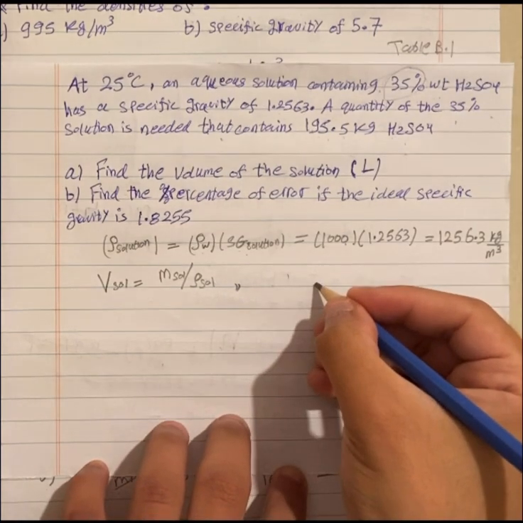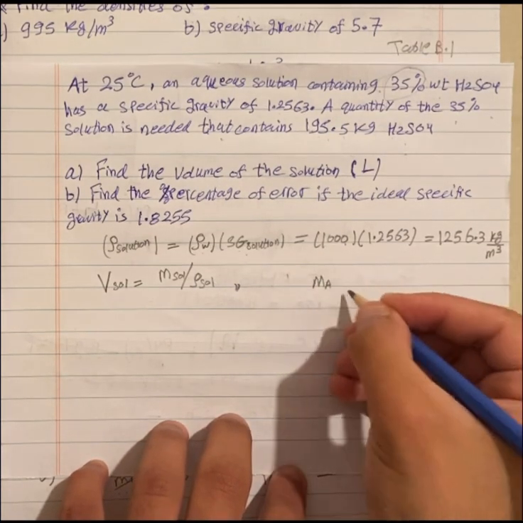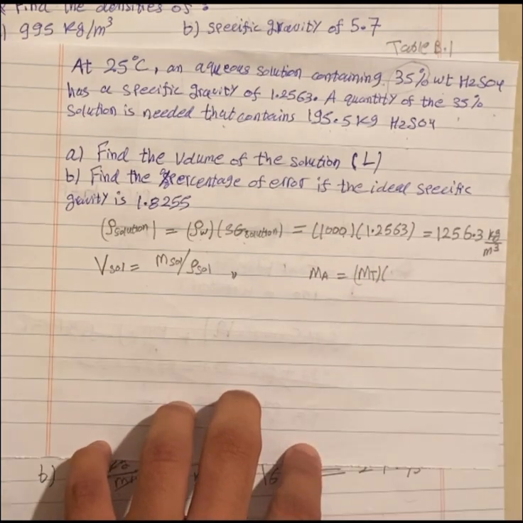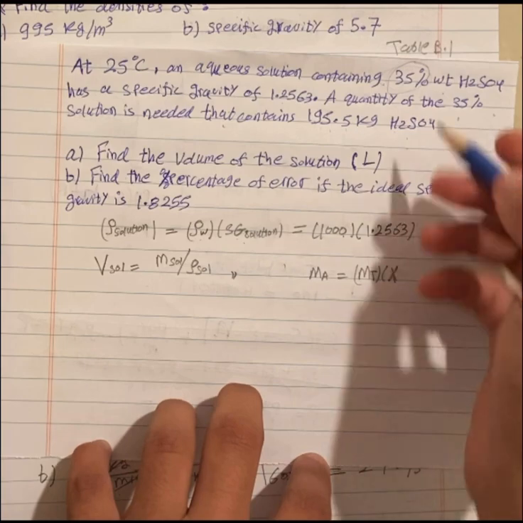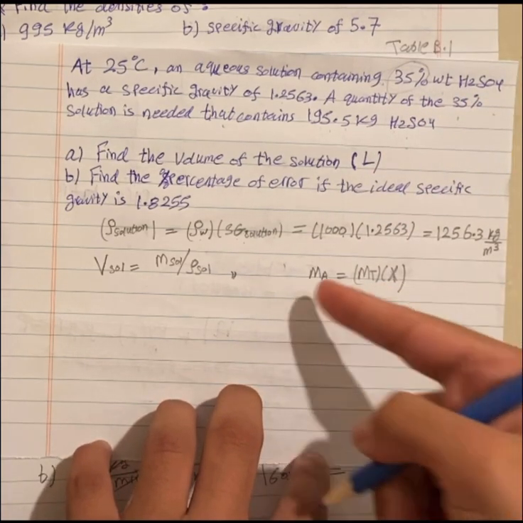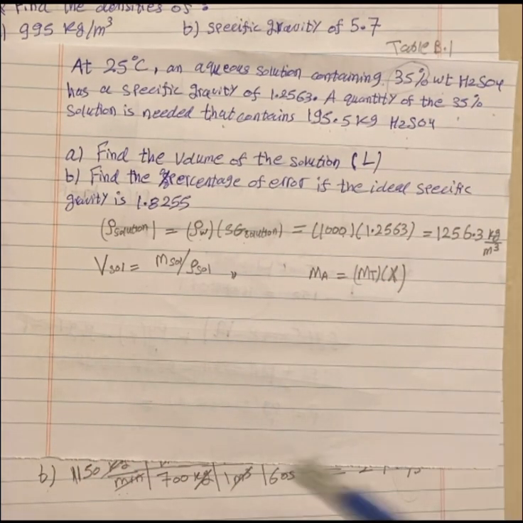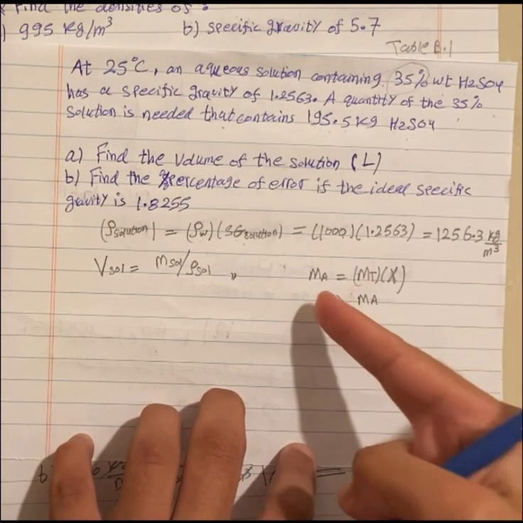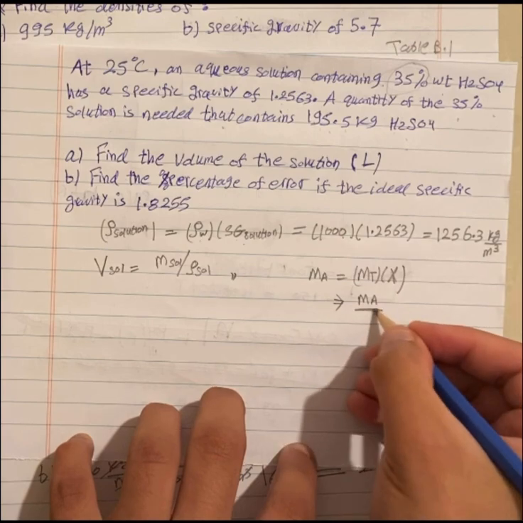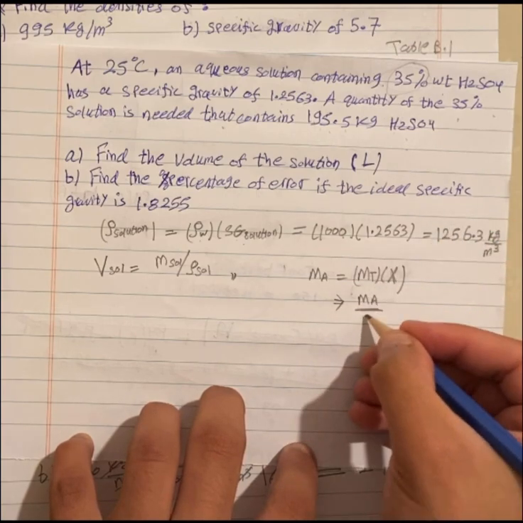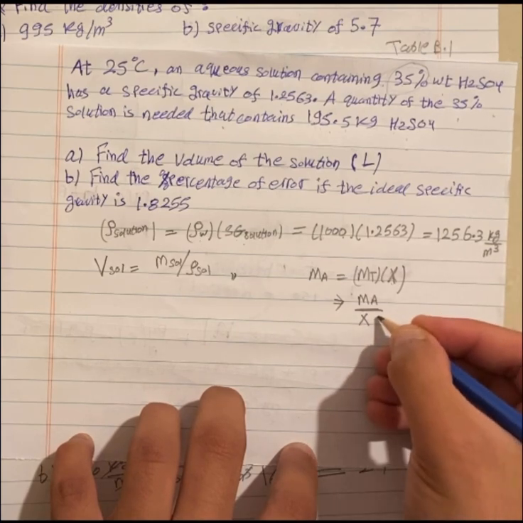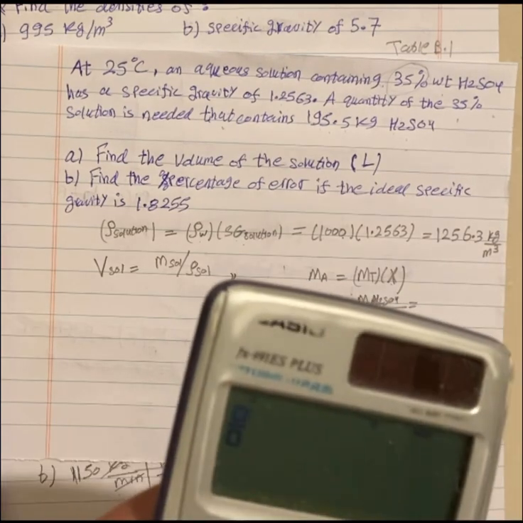We were saying, okay, you want to find the mass of A, then all you have to do is multiply the total mass by the mass fraction or the mole fraction, here X because we have mass fraction, and then you will find the mass of the component. Now we want the total mass of the solution. All you have to do is use this mass of the component, which is H2SO4, and divide it by X, which is the mass fraction of H2SO4.